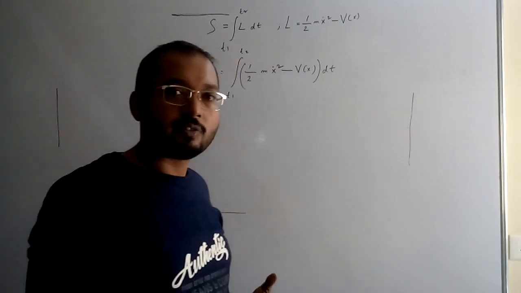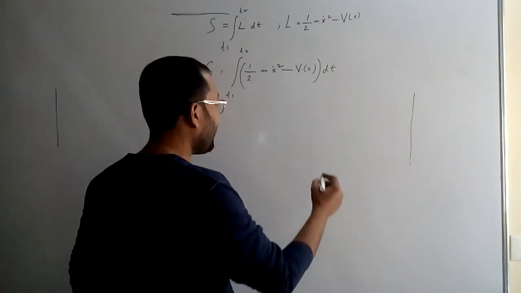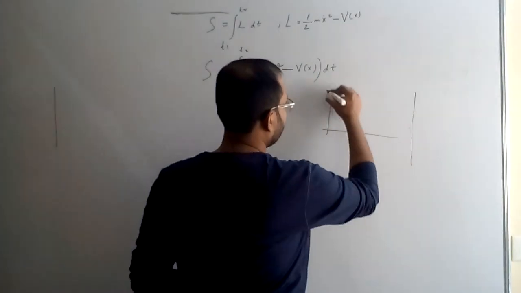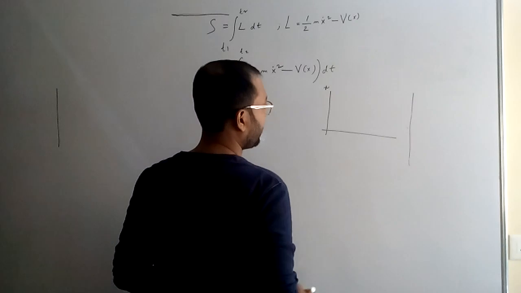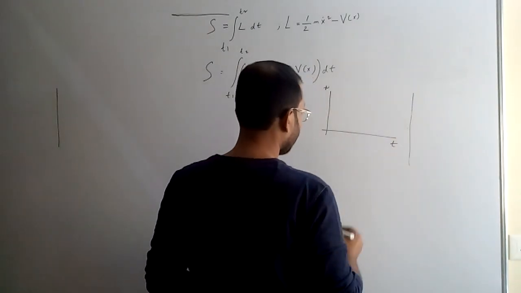Now what does the principle of least action say? Suppose this axis is position and this axis is time.